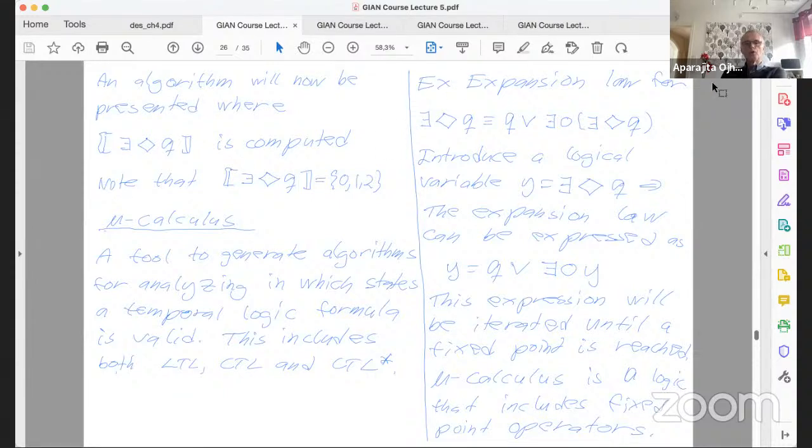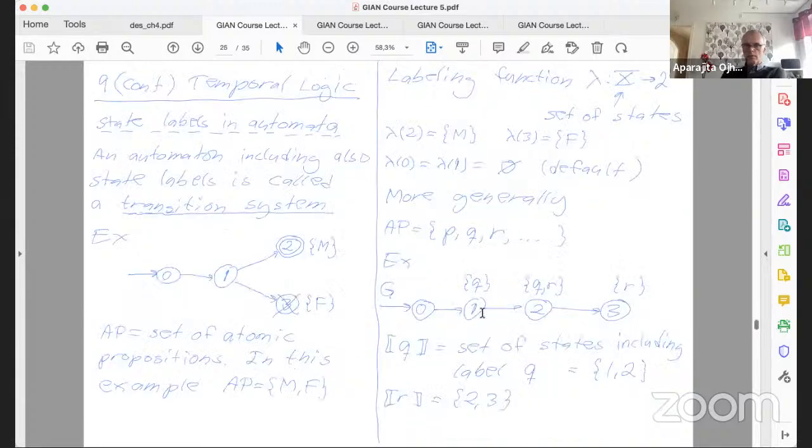And if you go for the example above here, the question was, in which states do I eventually get Q? In state 0, I definitely have eventually Q because it's already in the next state.